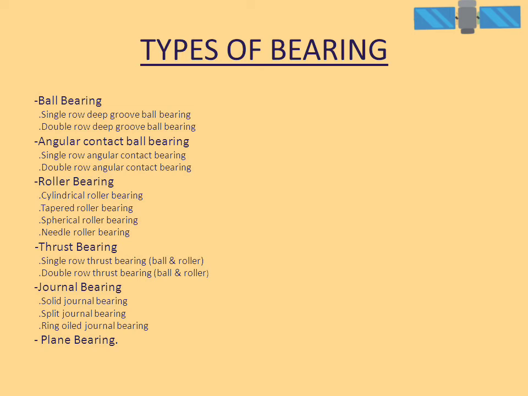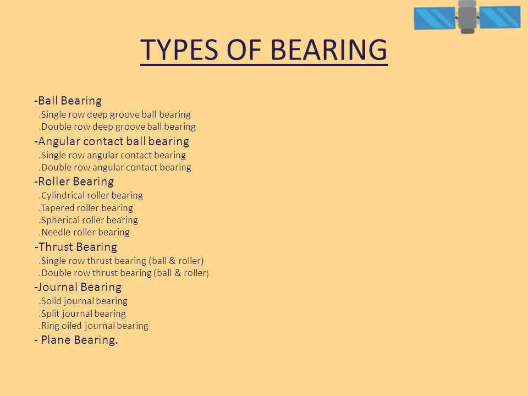Thrust bearing: single row thrust bearing, ball and roller; double row thrust bearing, ball and roller. Journal bearing: solid journal bearing, split journal bearing, ring oil journal bearing.